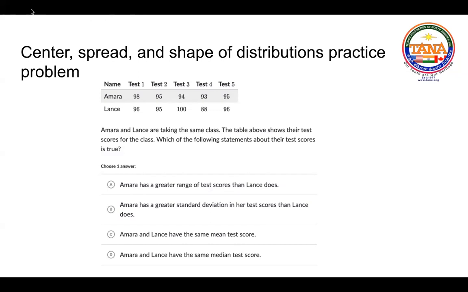Okay, just put your answer in the chat after you finish, so I know if you got it right or wrong.